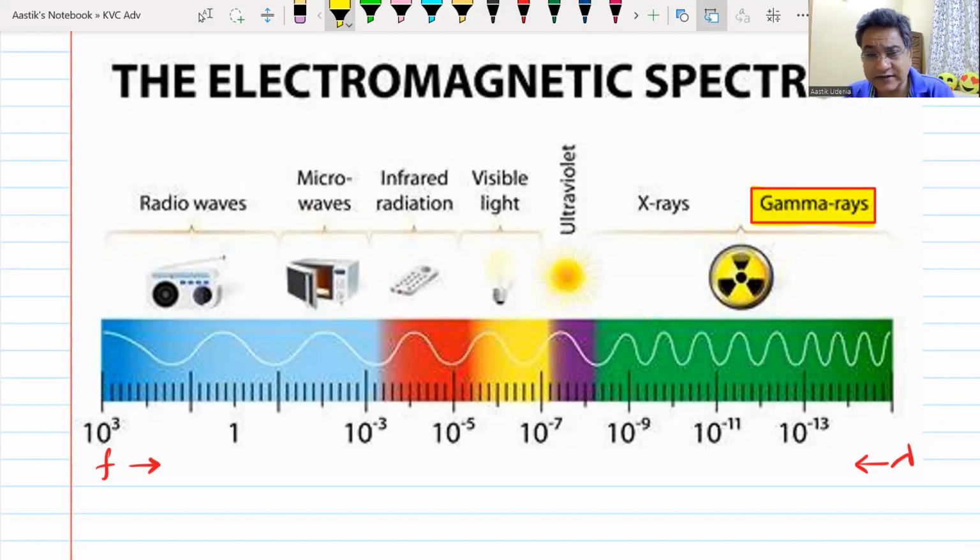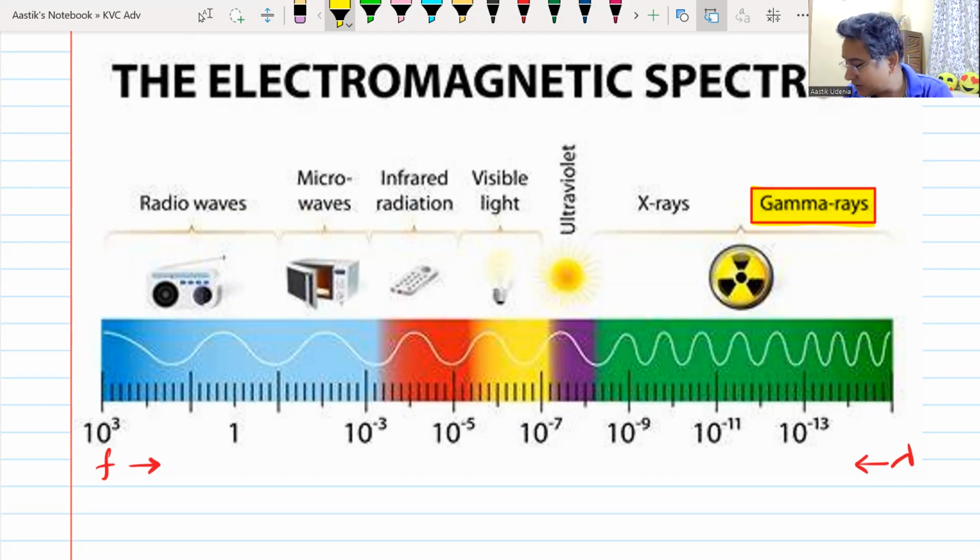Sometimes you see these gamma rays being emitted when universes collide and when a star dies. We have this gamma ray burst. Obviously, you don't see it with your naked eyes. You see it with high range telescopes and the Hubble telescope.